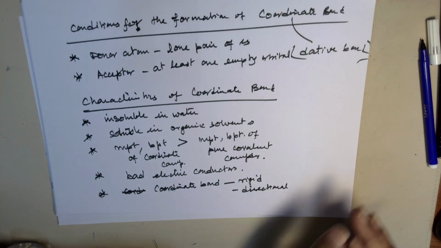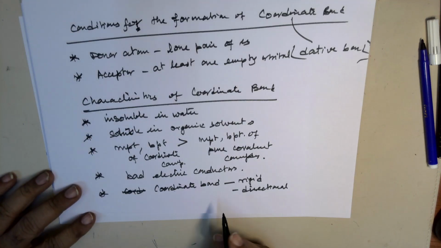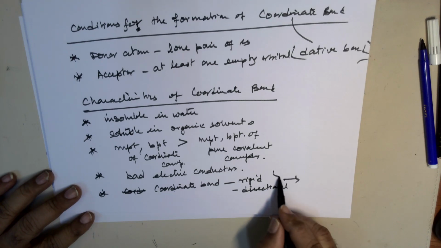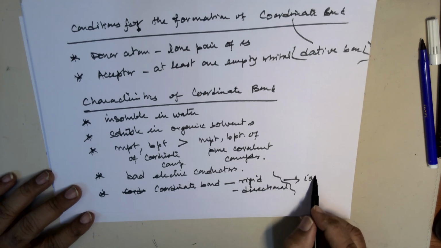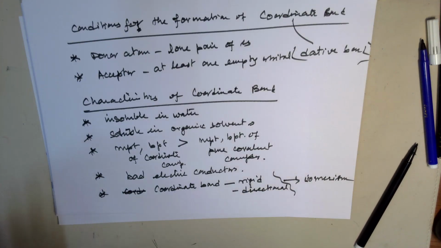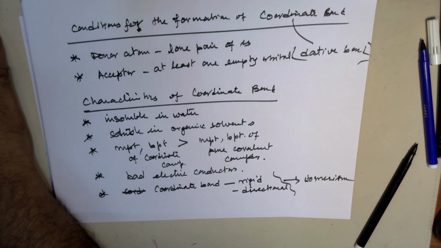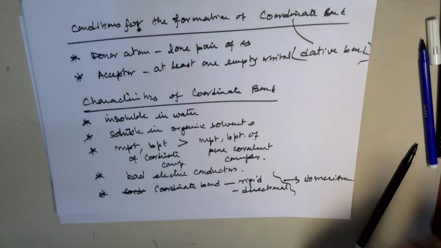So they are directional. Hence, they show isomerism. Isomerism means the molecular formula will be the same, but structurally they are different. That is because of the different orientation.